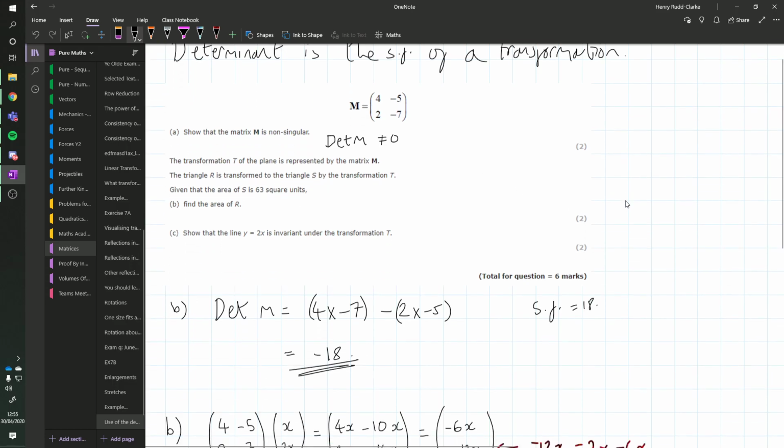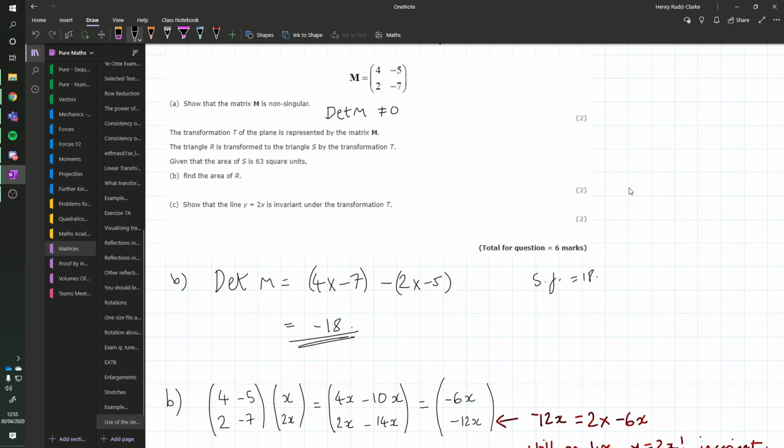So the result is that we get an area of 63. So we need to divide by 18 to find the original area. So 63 divided by 18 is 7 over 2. So that's the area of the original triangle, 7 over 2 square units.